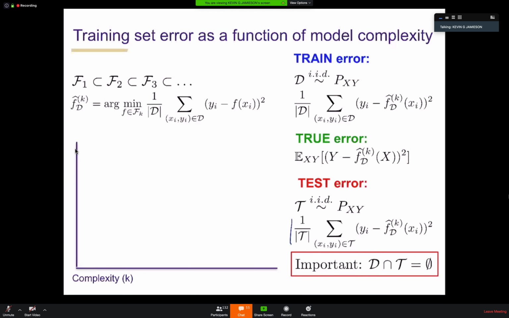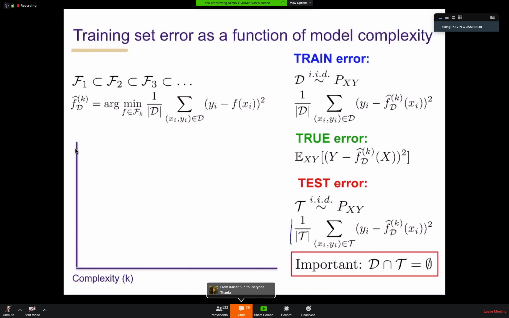It's just the average error I would have seen on a test set. Because each of these test points was drawn IID according to pxy, the test error is an unbiased estimator of the true error, which is what we actually care about. This is a problem explicitly worked out on your homework.